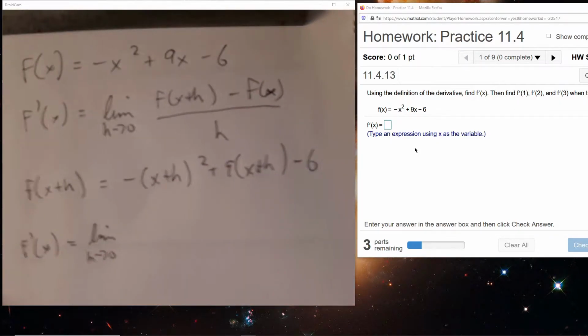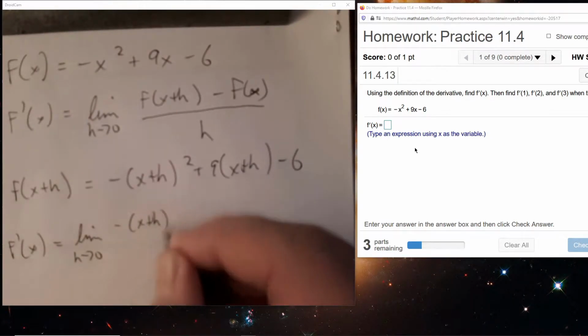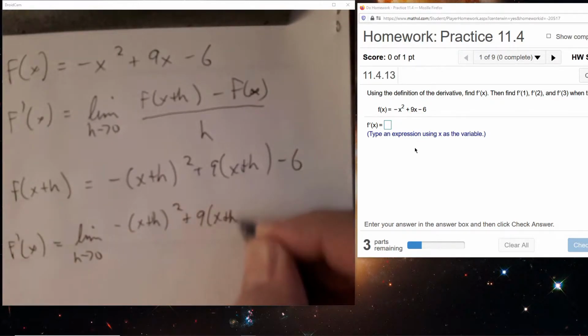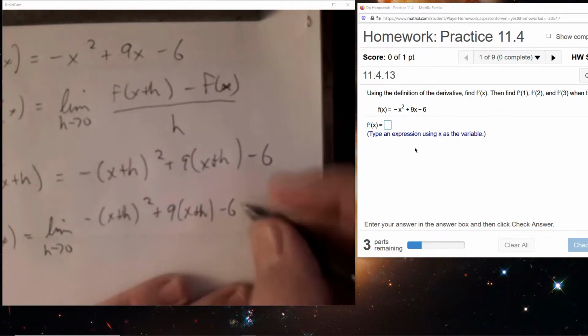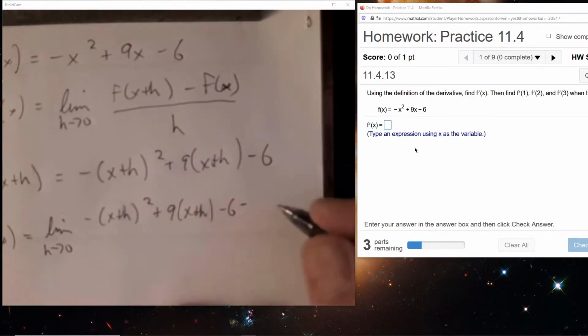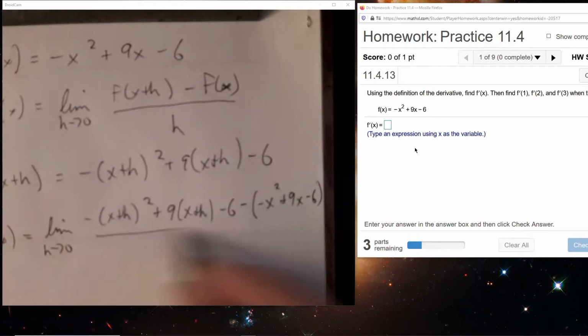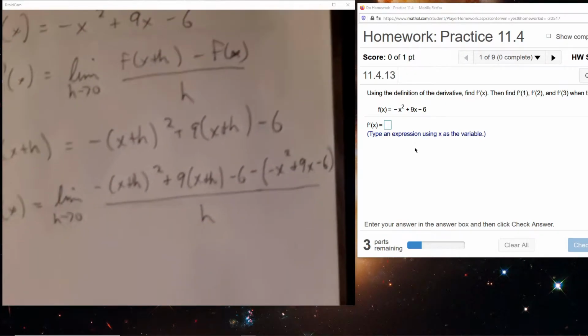So f of x plus h is, and then we have minus the original function. Oops, I might have written a little too big here. And now we have all our information plugged in.